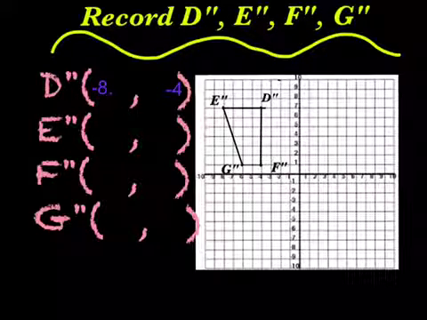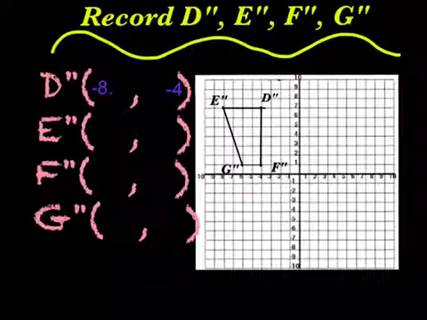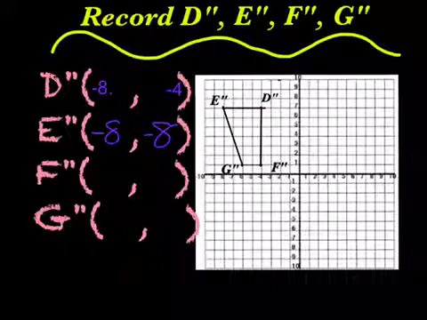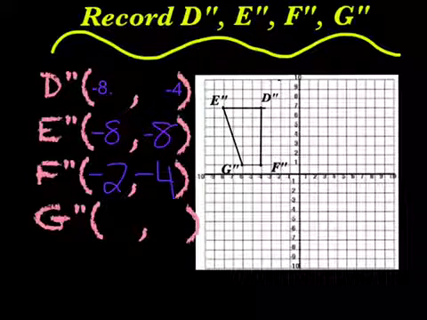Now we'll do E double prime: (-8, -8). F double prime: (-2, -4). G double prime: (-2, -6).